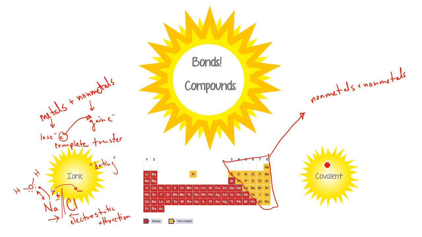Covalent is a very different kind of bond. So when a nonmetal bonds with a nonmetal, neither gives nor takes the electron, they share. So this is a complete transfer of an electron over here, and this is the sharing of electrons between nuclei of nonmetals.